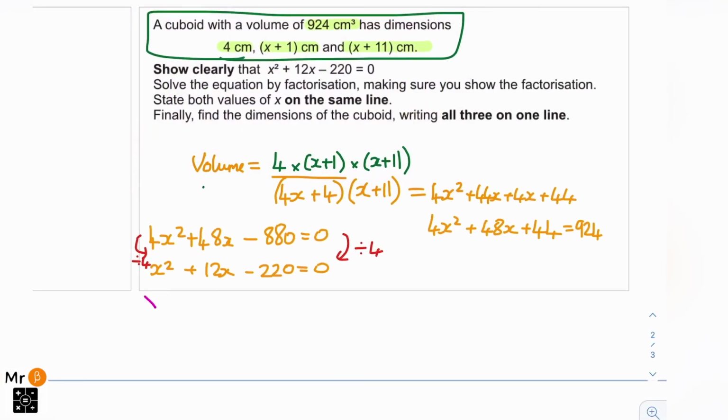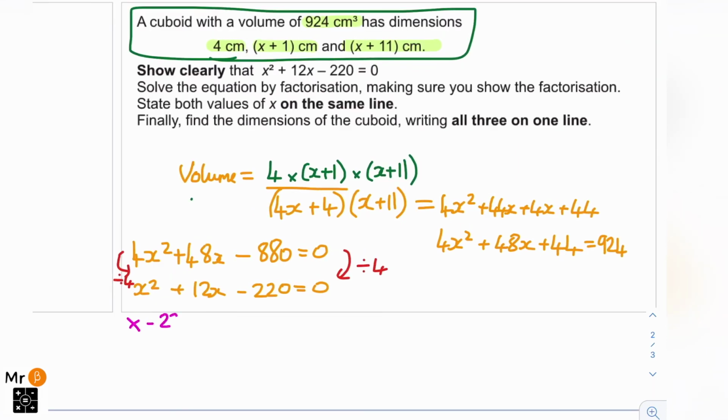We are timesing to make negative 220 and we're adding to make 12. So we're looking for two numbers which multiply together to give this negative 220, but add together to give 12. So you're thinking of two numbers which times together to give 220, but have a difference of 12.